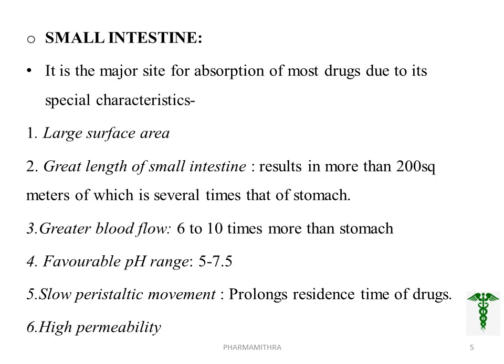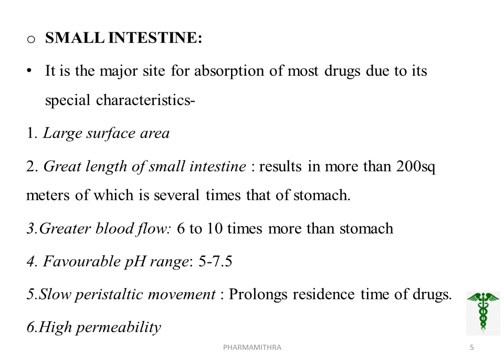Then the small intestine. It is the major site of absorption of most drugs due to its special characteristics. First, the large surface area, which we will explain in the next slide. Second, the great length of the small intestine results in more than 200 square meters of surface area, several times that of the stomach.